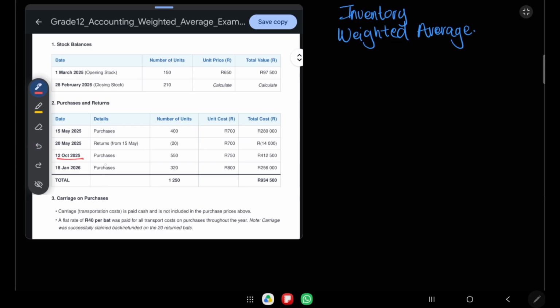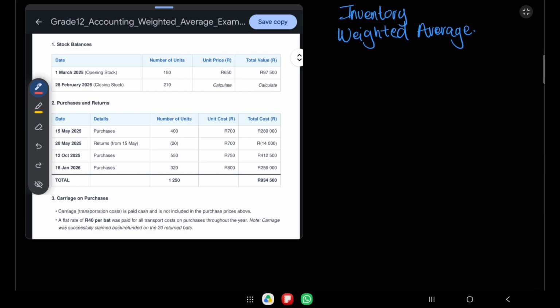12th of October 2025, we had purchases, 550 units. So let's say 550 times 750. We get 412,500. So guys, notice how when I get my question paper, I don't rush to look at the questions. I just take my time. I try to familiarize myself with the tables.